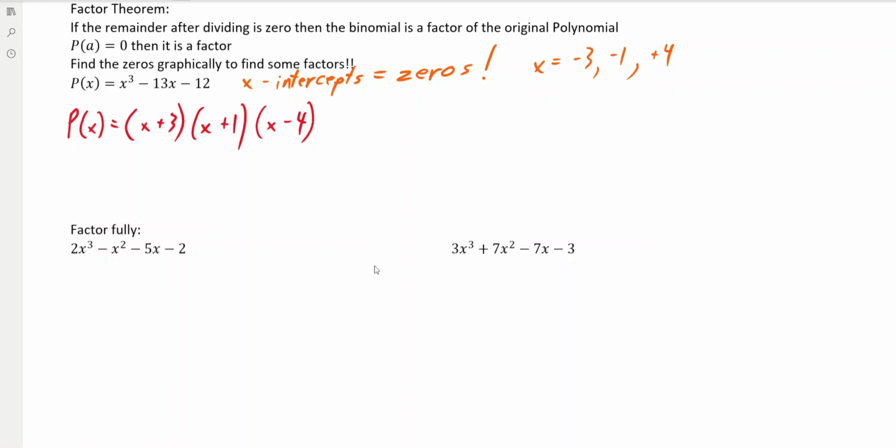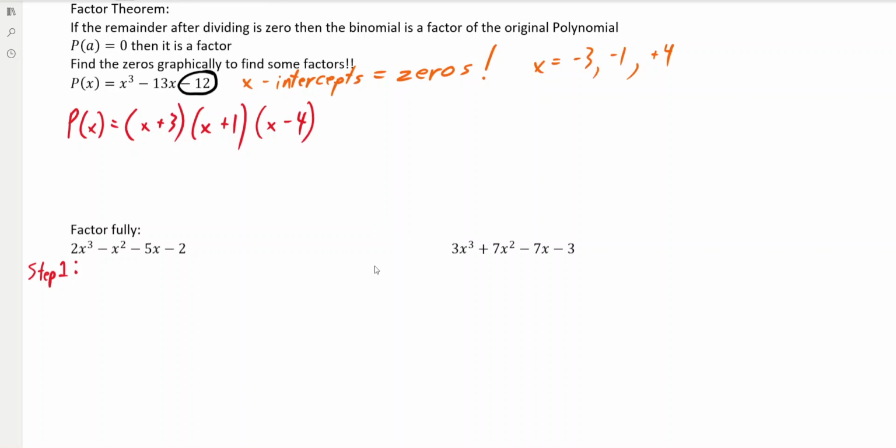Okay, so factor fully. So step 1 is to, there's one more little hint that you can find. Sorry, I forgot to mention this.